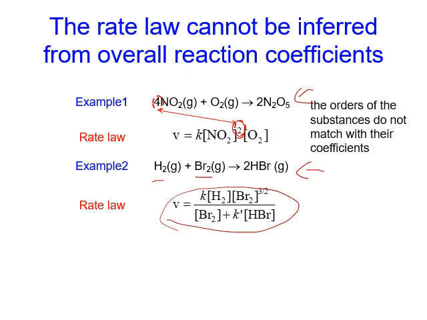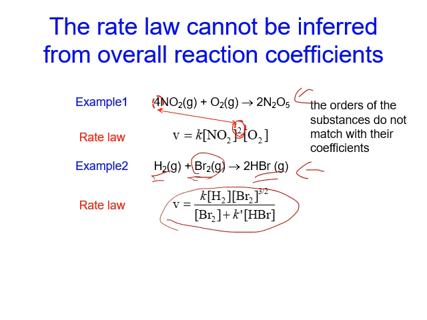For example, for the second reaction, maybe the first step is that bromine molecules first split into 2 bromine radicals, and then a bromine radical attacks hydrogen gas, forms a product with a hydrogen radical, and then the hydrogen radical attacks bromine, forming another product. So at the molecular level, they may undergo many elementary steps, and it's much more complicated.